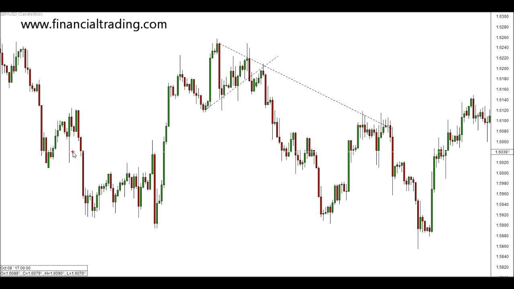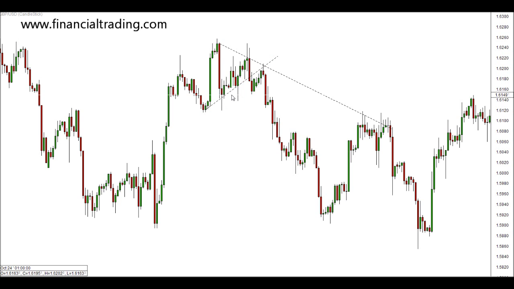You'll also notice with this triangle that this support becomes resistance. Just like the floor becomes a ceiling, ceiling becomes a floor principle that I mentioned in a previous video, you'll see there's rejection here of the resistance and rejection here.